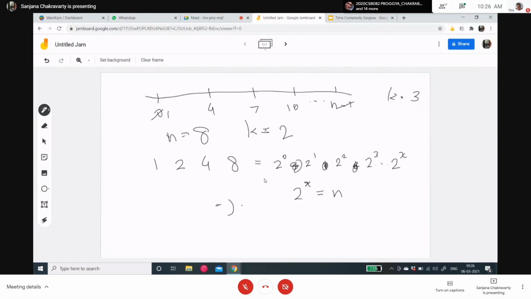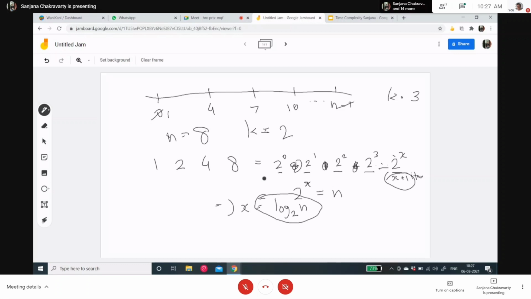So x becomes log n to the base 2. x is the number of steps. This is 1 step, 2 steps, third iteration, fourth iteration, fifth iteration, or x plus 1 iterations. We want to know the value of this, and that is in terms of log. So the complexity is log of n, because that's the number of iterations in the loop.